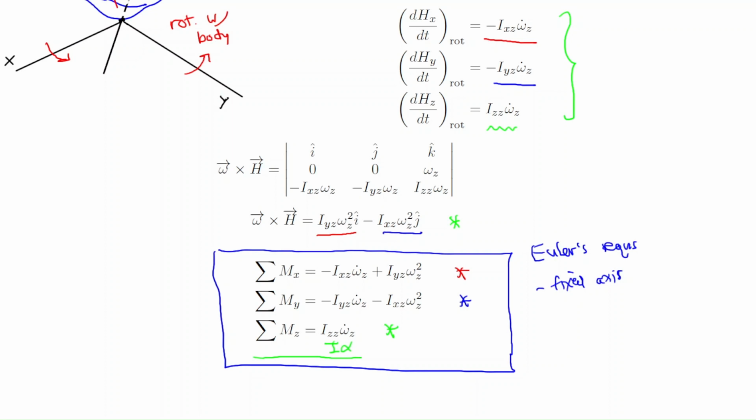What is more difficult to guess here is, first of all, if you don't know about the products of inertia, then you're not going to guess those other two components for x and y. And even if you do know about the products of inertia, maybe it's not obvious how they enter in. But omega z dot enters in.